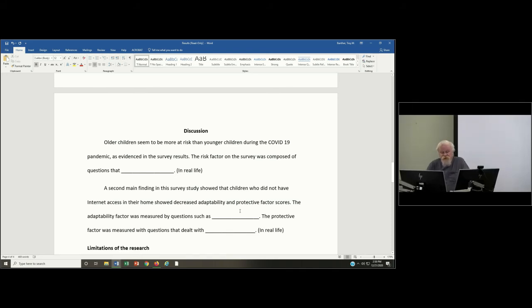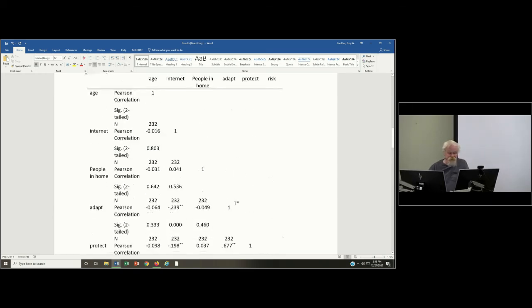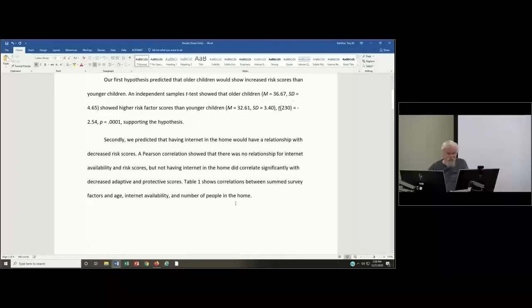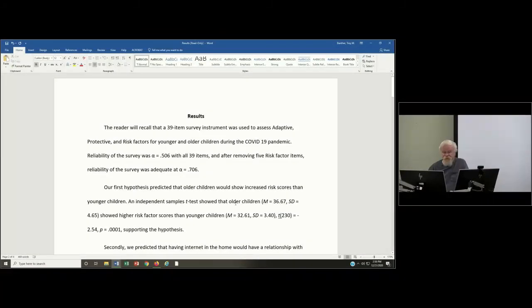I would suggest in your groups, after the person who is charged with writing the discussion is finished, that everyone in the group look at this discussion section and make any kinds of edits or recommendations to improve it based on the results that you had in the study, okay?